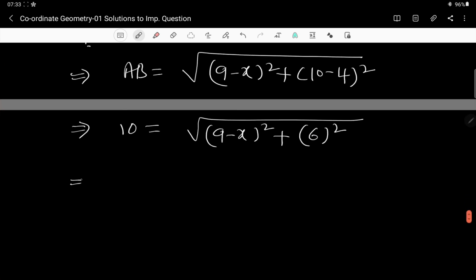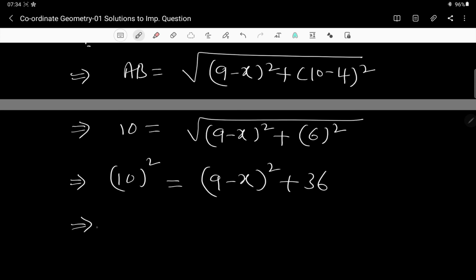All right, now let us send this square root this side. So it becomes 10 square equals 9 minus x whole square plus 36. 10 square is 100, so 100 equals 9 minus x whole square plus 36.